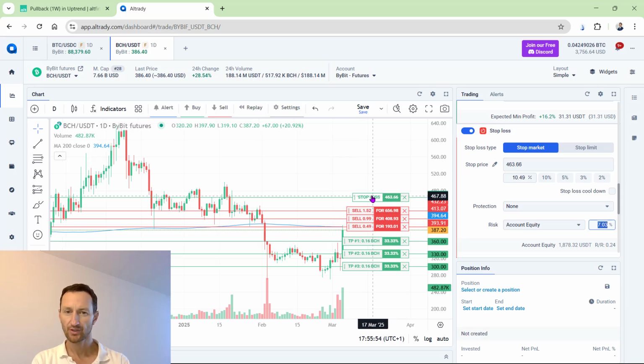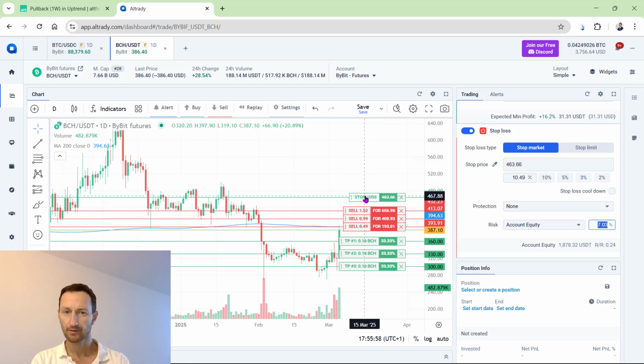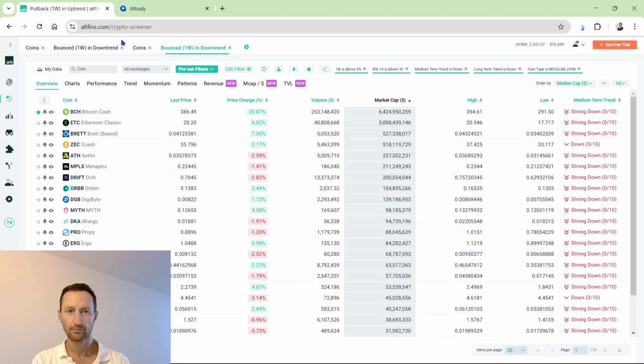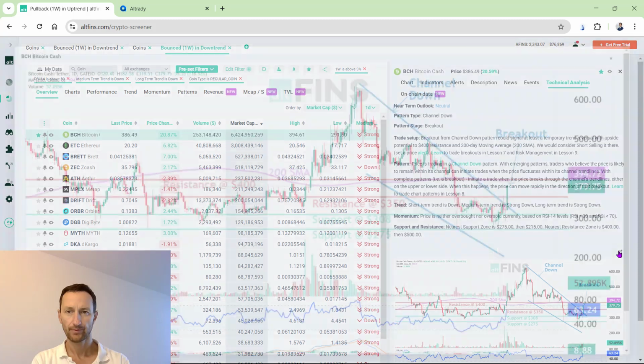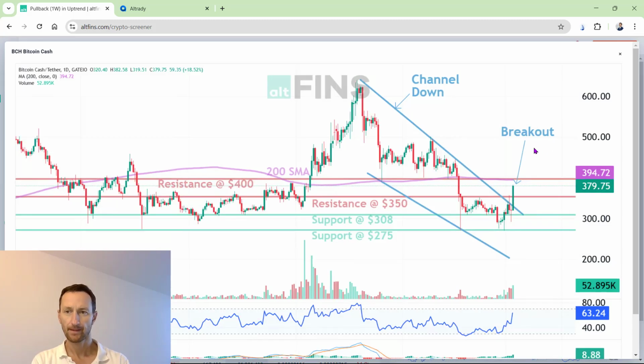So I can move the stop loss. Where would I give up on this trade? This is actually not a bad place for a stop loss, because if we go back to our technical analysis, I'd say the next major resistance area is at 500, but there's also one between the 400 and 500 level at about 450.